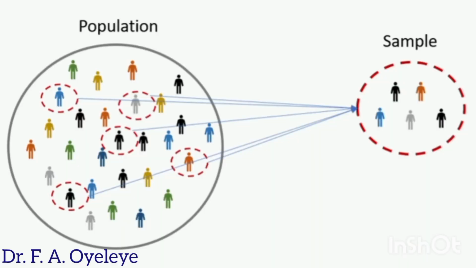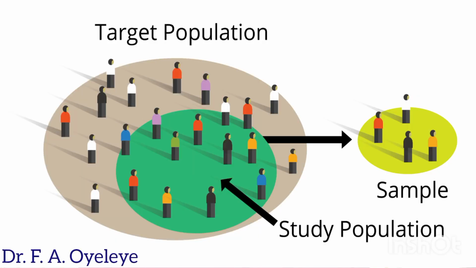It's important we list the names of every pregnant woman in that state from which we intend to pick our sample. The entire pregnant women is our target population, the population from which we want to pick our sample. When we have the names listed, that is our sampling frame.